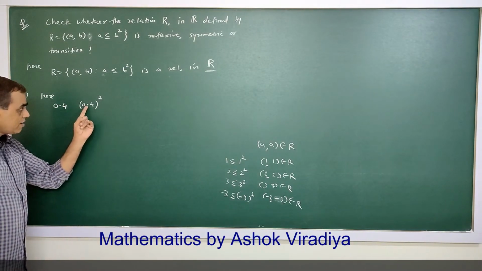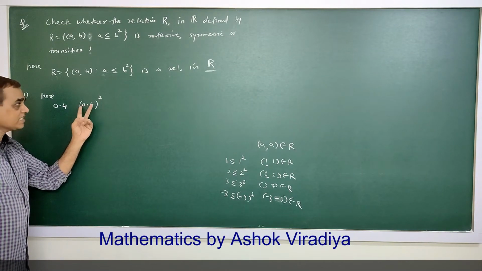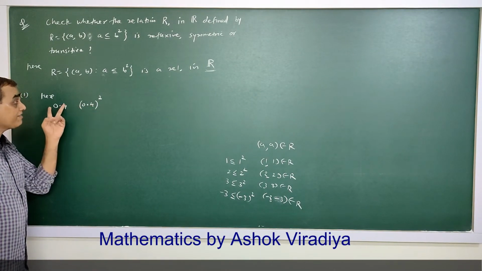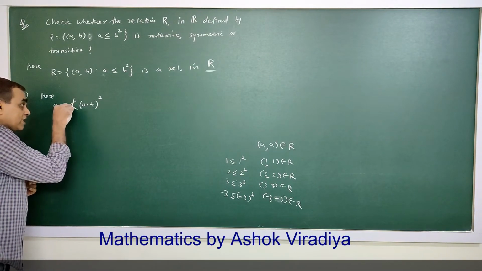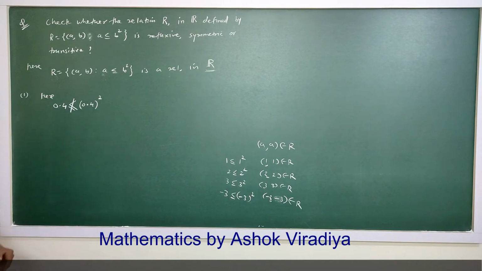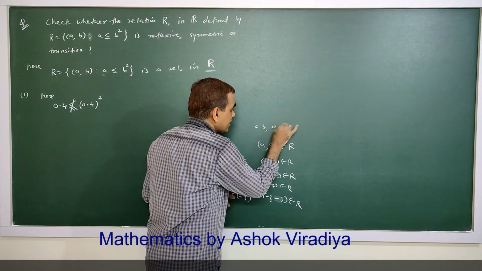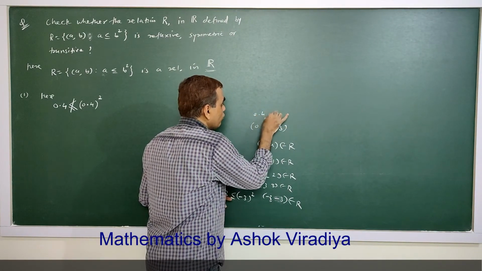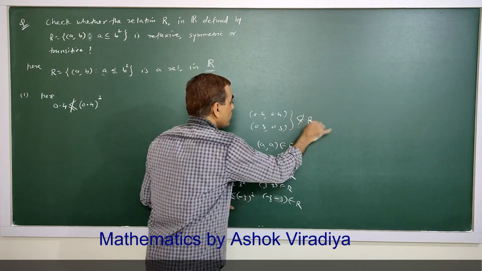This is 0.16. 0.16 is smaller than 0.4. So 0.4 is not less than or equal to this number. So if you select any number, if you take 0.3 or 0.4, then these pairs may not belong to R.